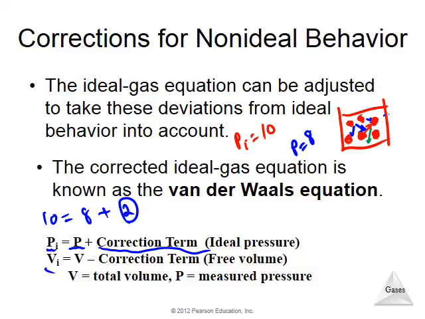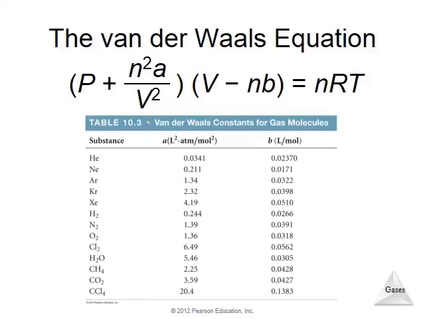Same is the case with gas molecules. Ideal volume would be given by the total volume of the container minus the correction term, because gas molecules do have their own volume. Now that's what you see. This is measured pressure, and this is the correction factor for the pressure that's added.